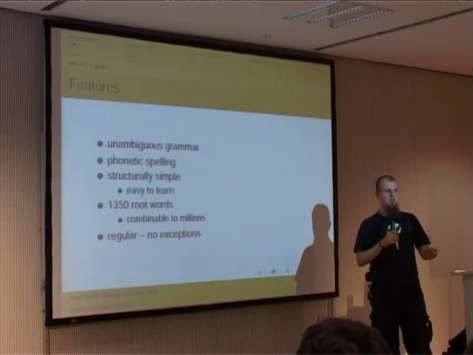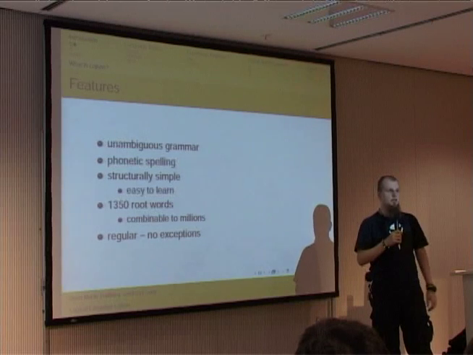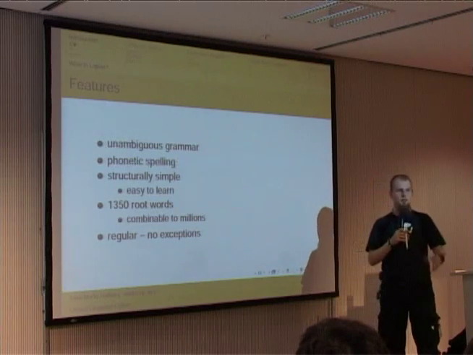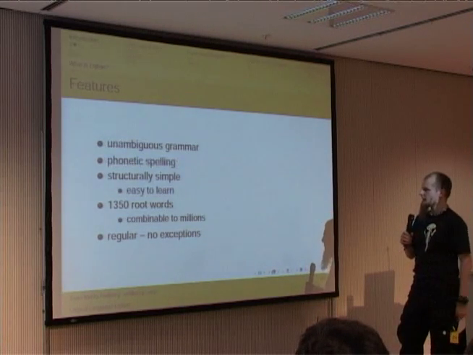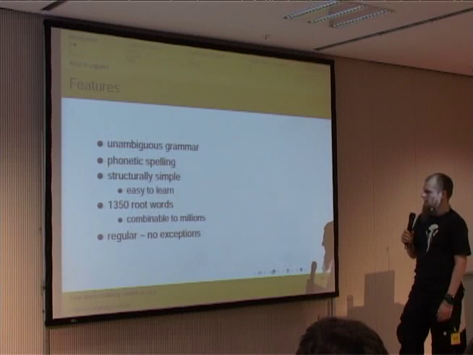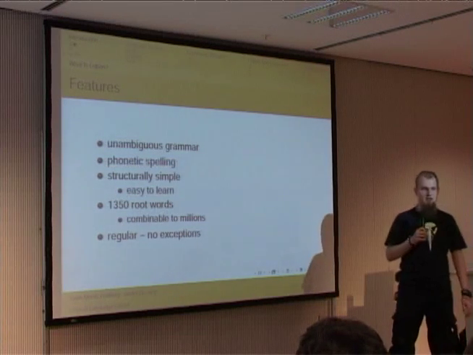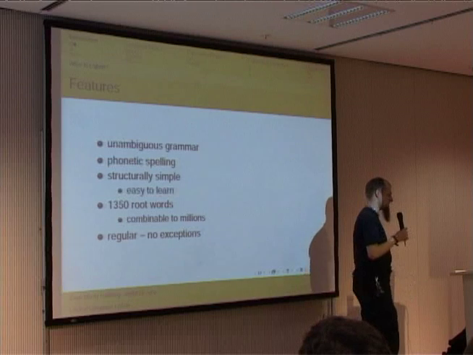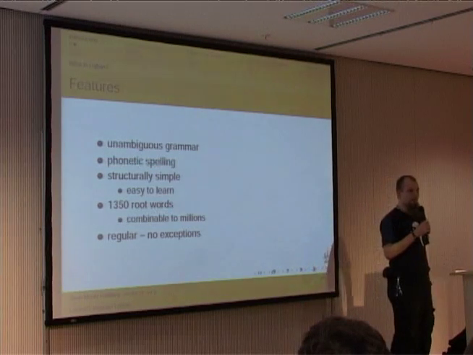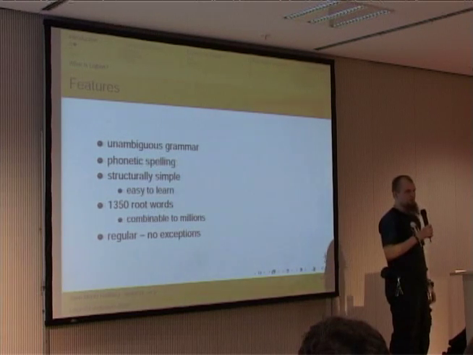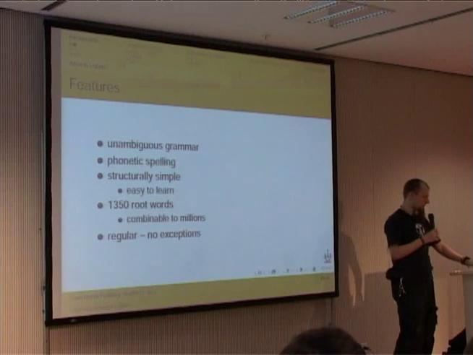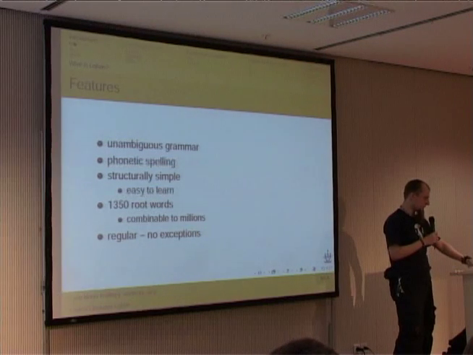And if one of these combinations becomes more widespread or used commonly, then you can shorten them to form an entirely new word. And the last point is it has no exceptions. This is of course something you want to have in any language, just the problem is the natural languages kind of failed on this part because they grew.